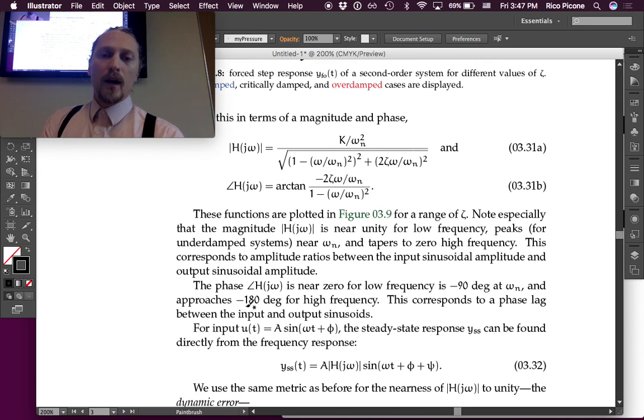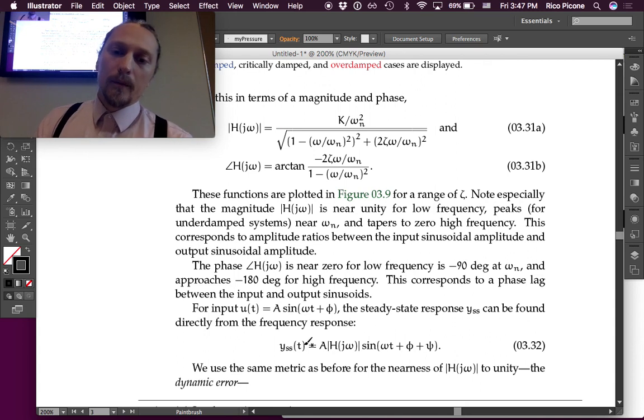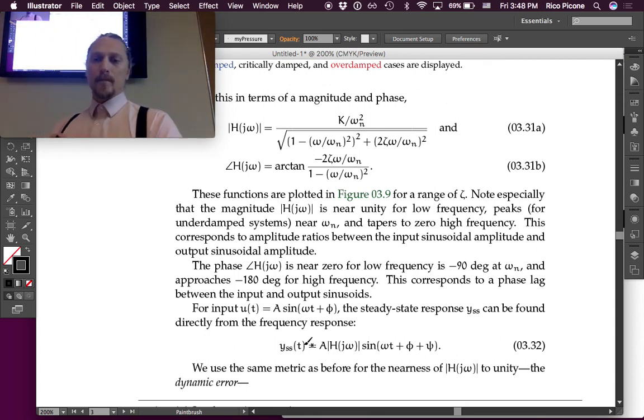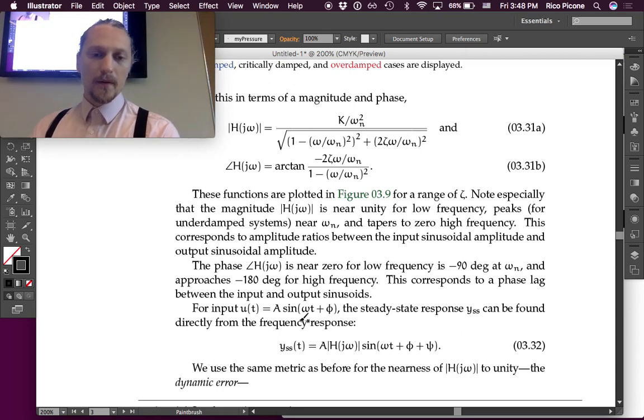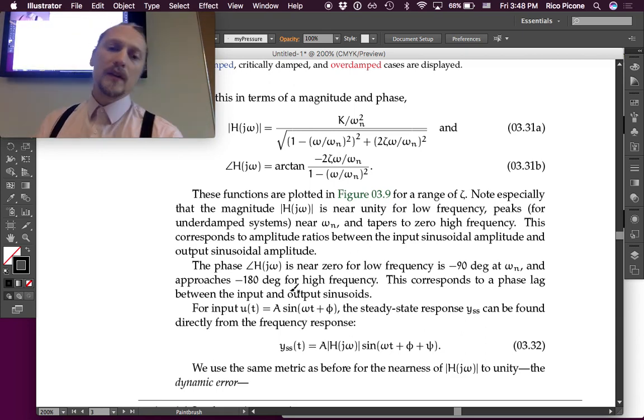So the phase, similarly, we talked about the phase. For an input sine omega t plus phi into this second order system with this frequency response function, the steady state response can be found directly from the frequency response.